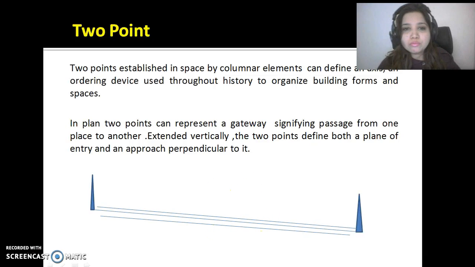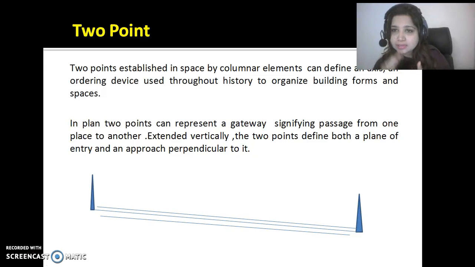Another important thing which I want to bring to your notice. If there are 2 points established in a space by a columnar element, it can define an axis. If these were 2 points and we give them a vertical dimension so that they are visible, as discussed, they will be extended vertically and this will give us a tower.